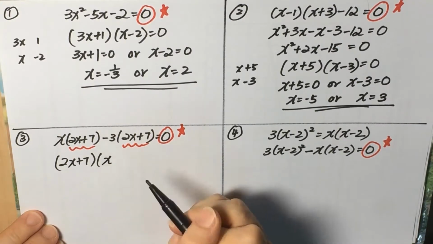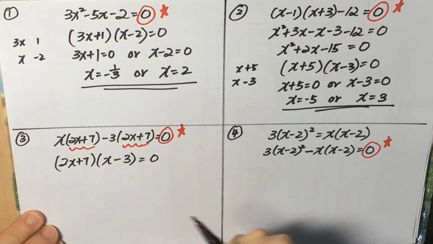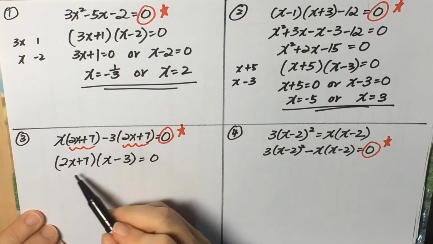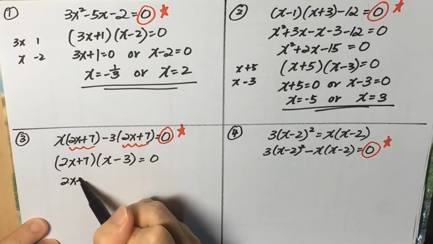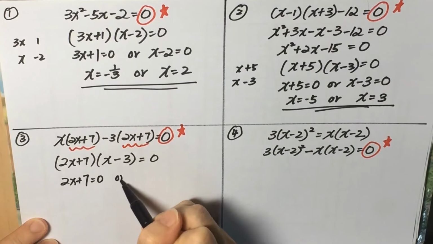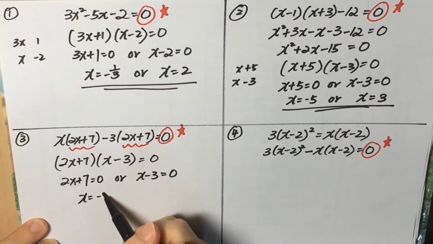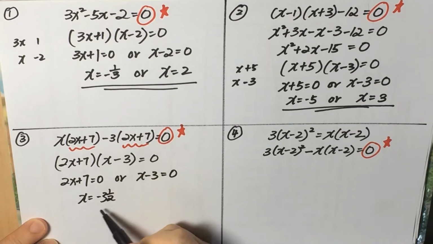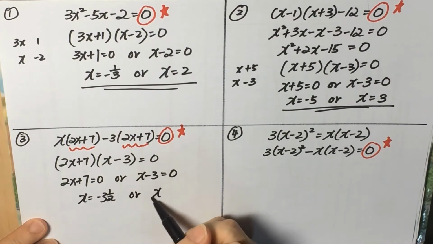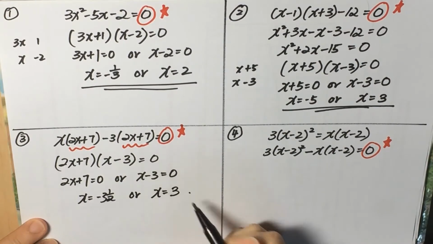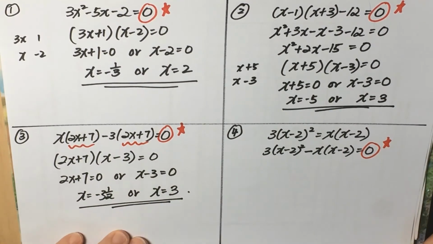So the first term is left with x, the second term is left with negative 3. So I have x minus 3 times 2x plus 7 equals 0. Using the factor law again, either the first factor is 0 or the second factor is 0. If the first factor is 0, my answer will be x equals negative 3.5. If the second factor is 0, my x will be equal to 3. So these are my answers.